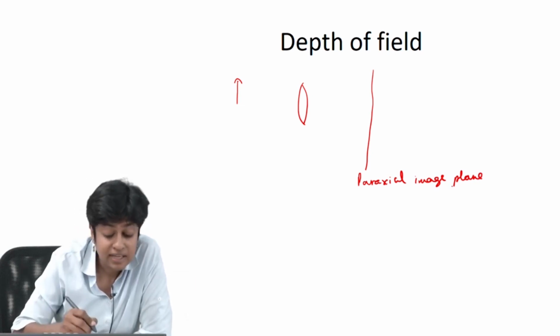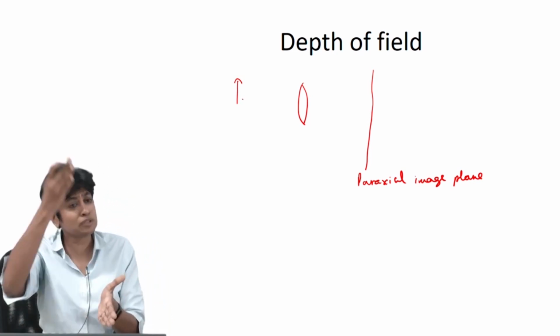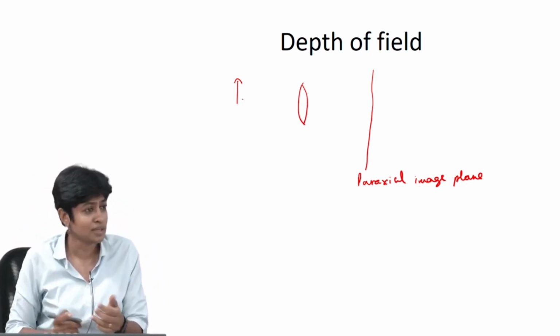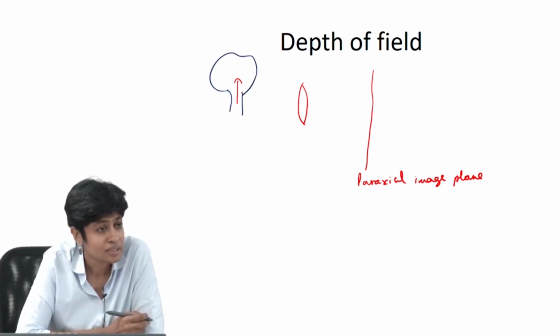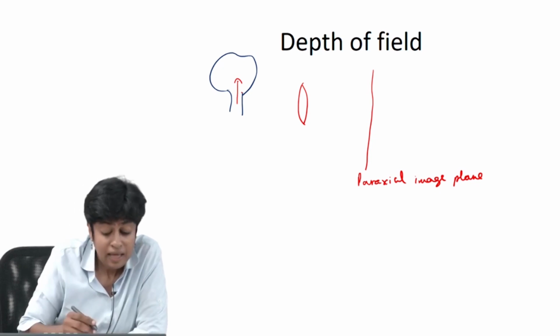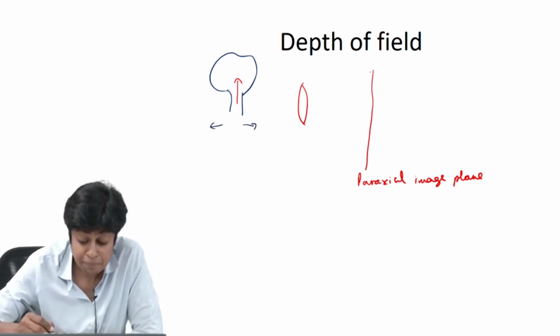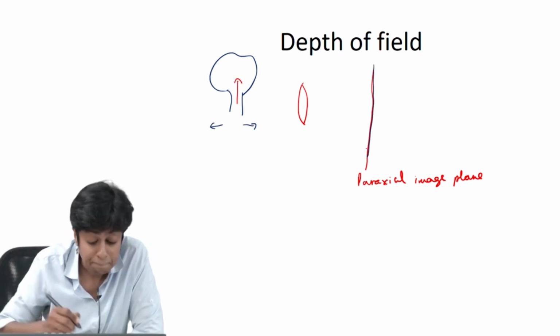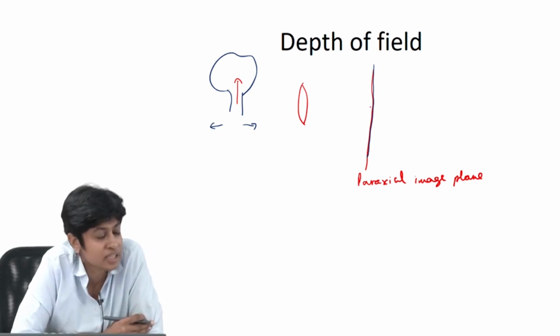Now, let's say this object is not exactly a plane. We are not always photographing two-dimensional things, right? Let's say the object is like this. Does that mean only one part of that object is in focus and everything else is blurred? Of course not, right? There is some distance here that I'm capturing on one plane, but all of this should come in focus, right?